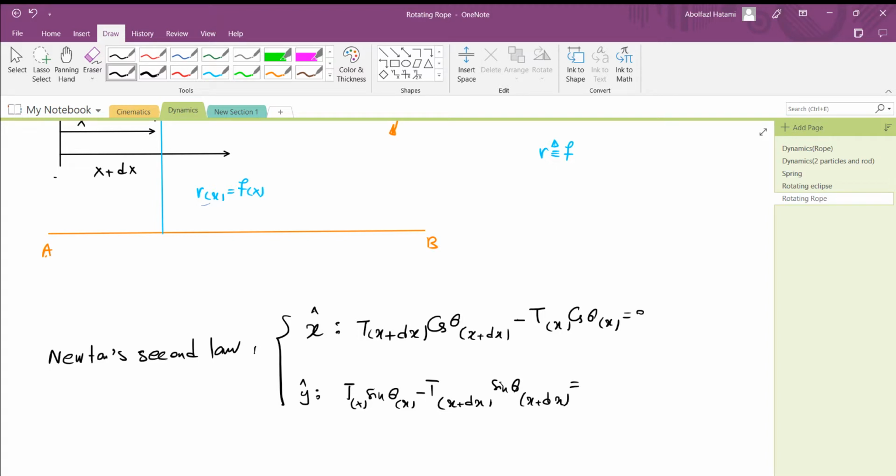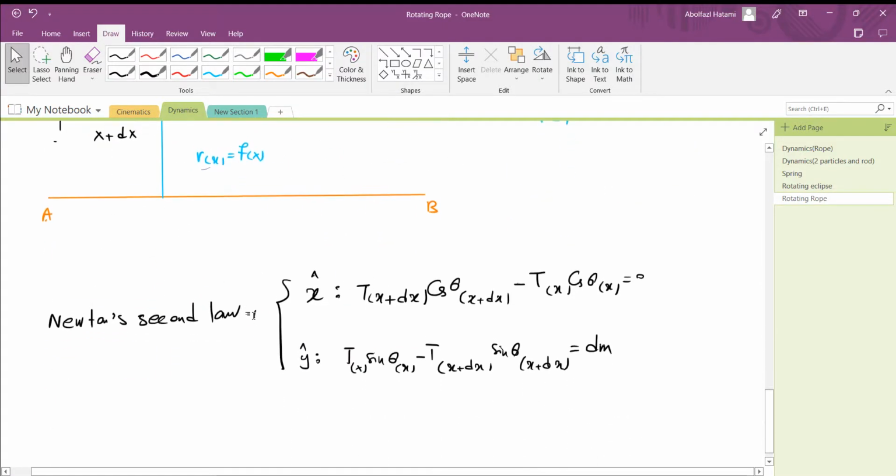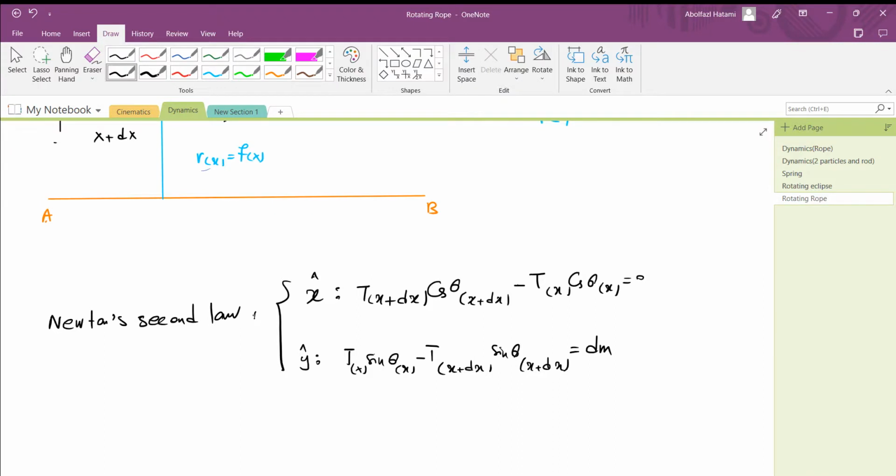It is equal to dm, the mass of this differential element, times r at point x, which is f of x omega squared.